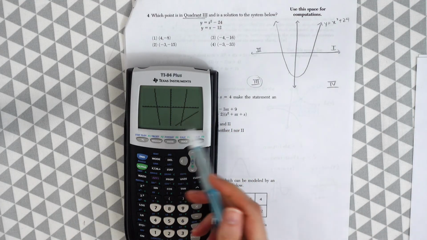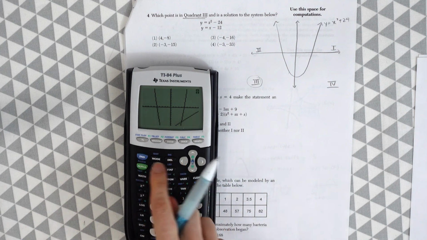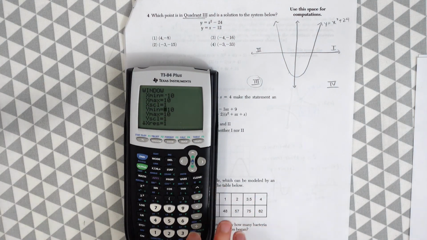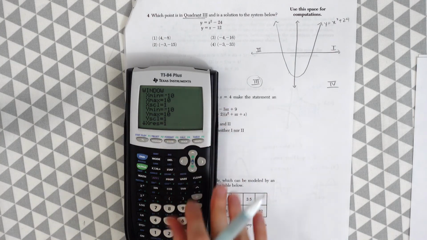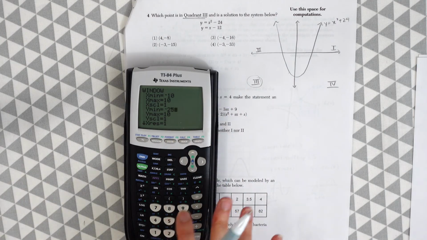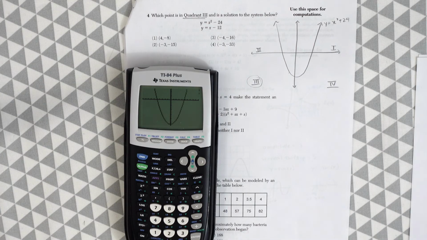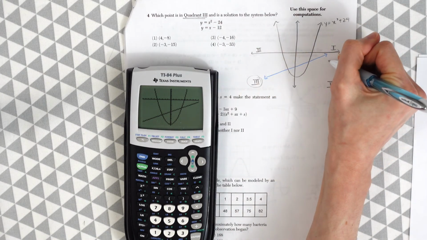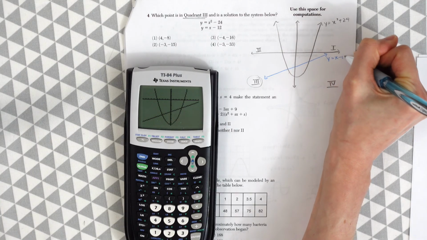We can't totally see it, so I'm just going to adjust the view here. If you go to window, we can make that y minimum smaller. Here it has -10, but let's make it -25. So we get this picture here, y equals x minus 12.